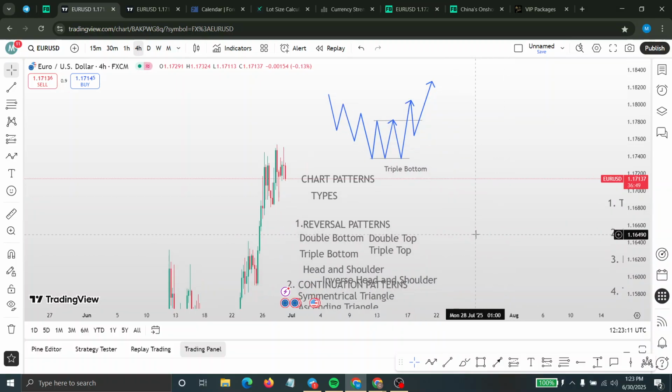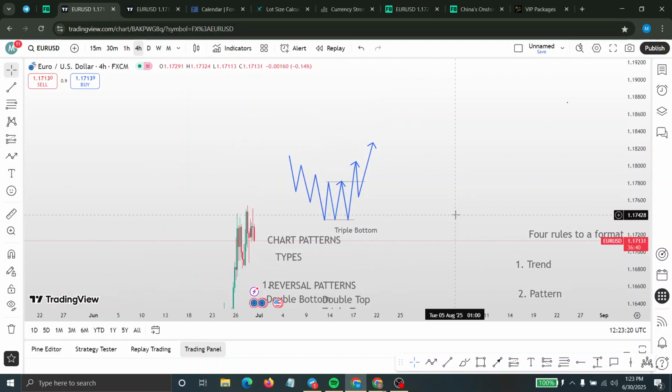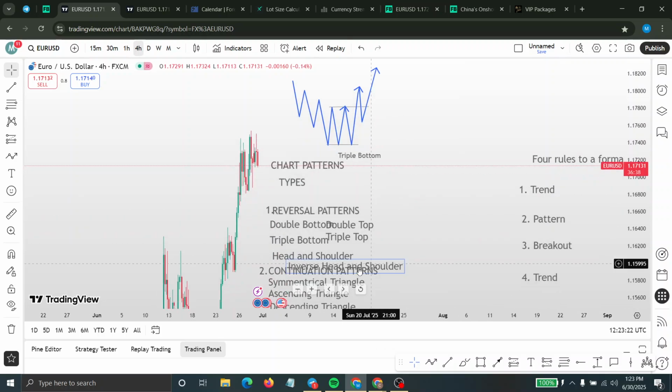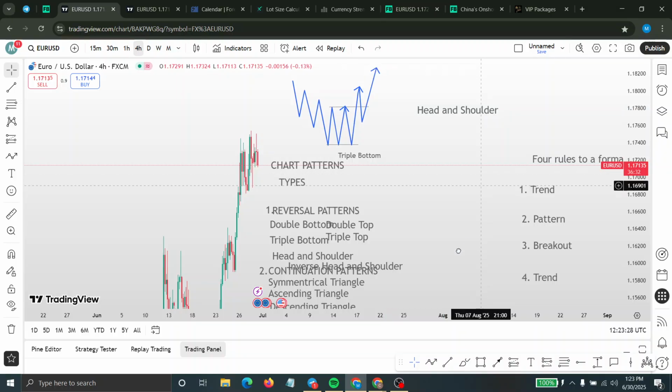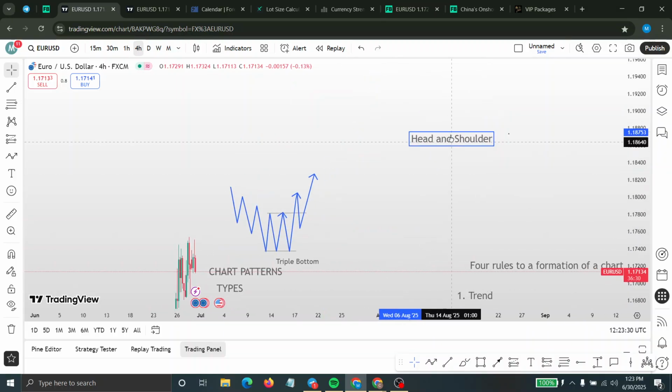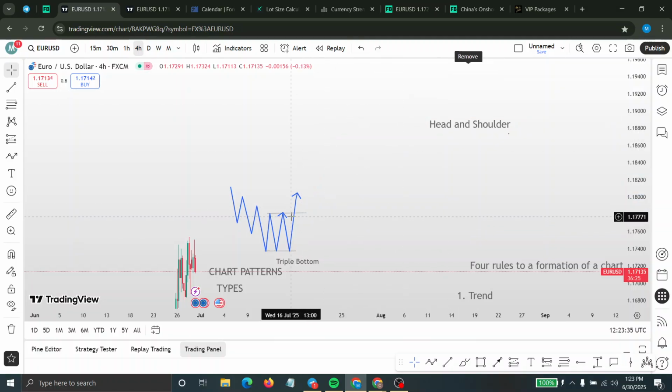So our next example of one of the reversal patterns is these popular ones we must have been hearing of. So this one is called head and shoulder. You can see head and shoulder.